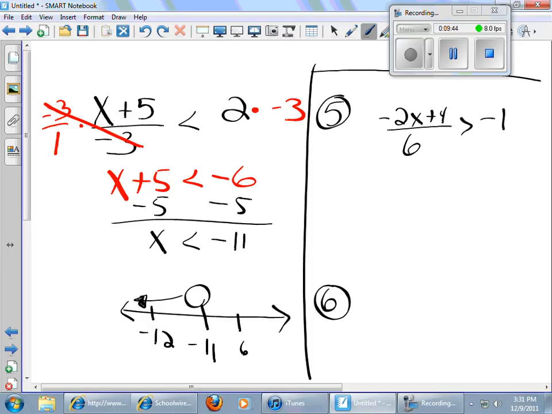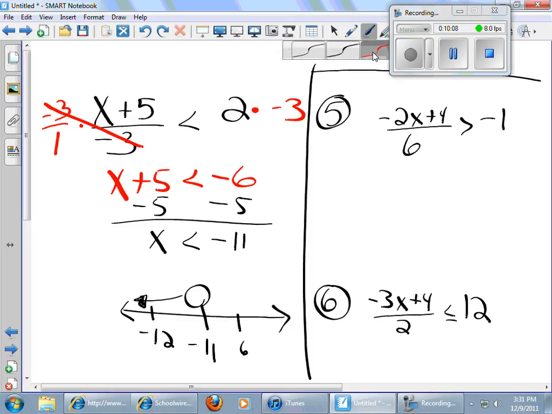All right, and problem number 6 will be negative 3x plus 4. That'll be over 2, and that will be less than or equal to, oh, I don't know, 12. Okay, go ahead and pause, get your solutions, and see what happens.